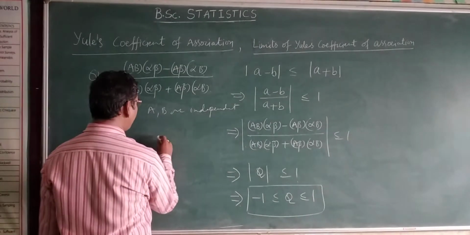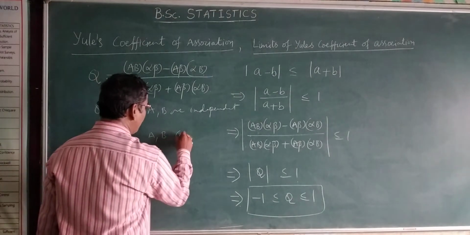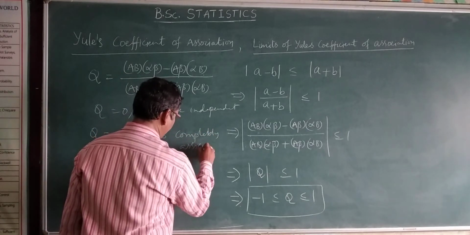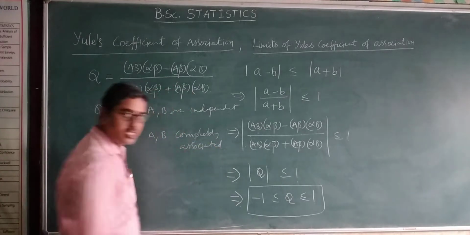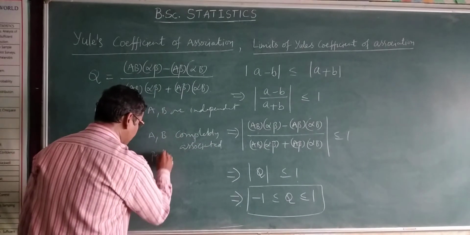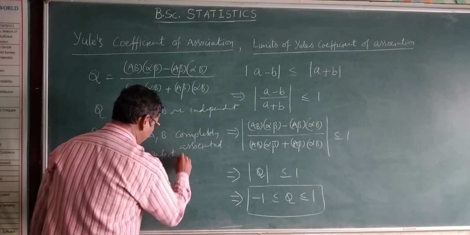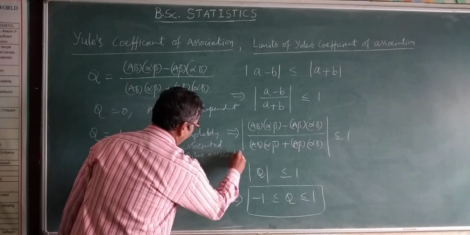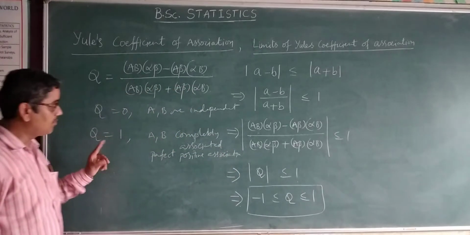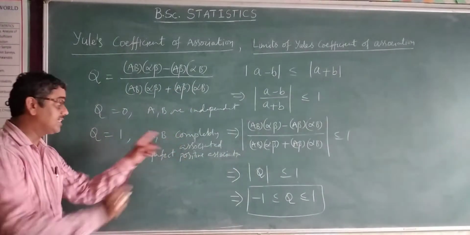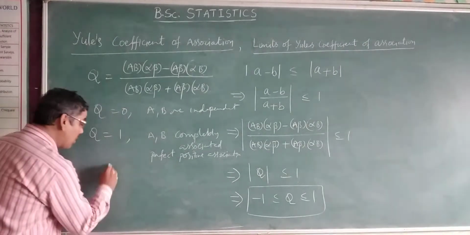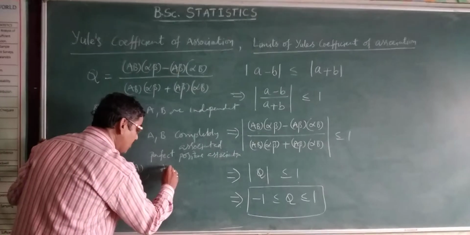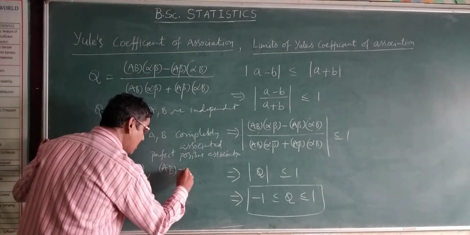Then the attributes A and B are completely associated, and we can also specify perfect positive association between the attributes A and B. This is the case where all A's are B's, that is AB is equal to A, and all B's are A's, that is AB is equal to B.